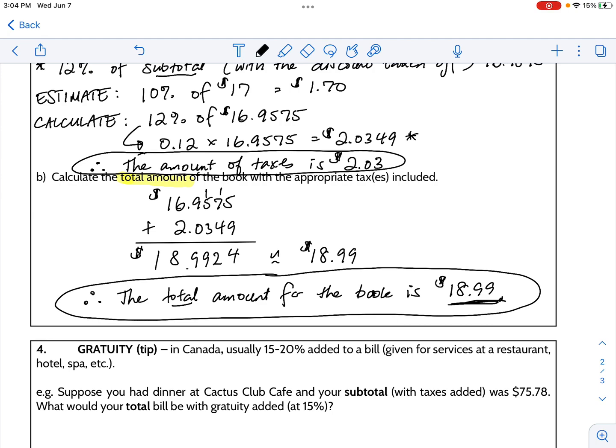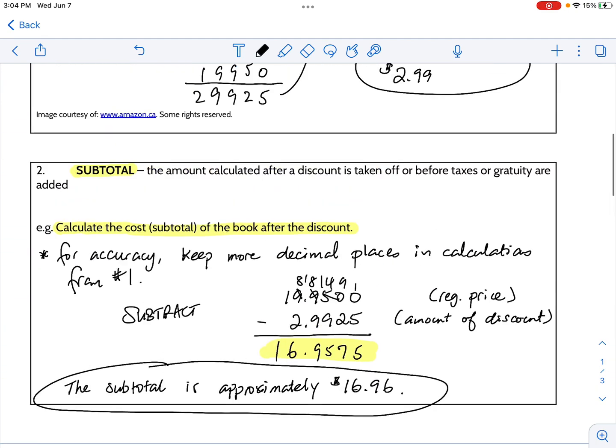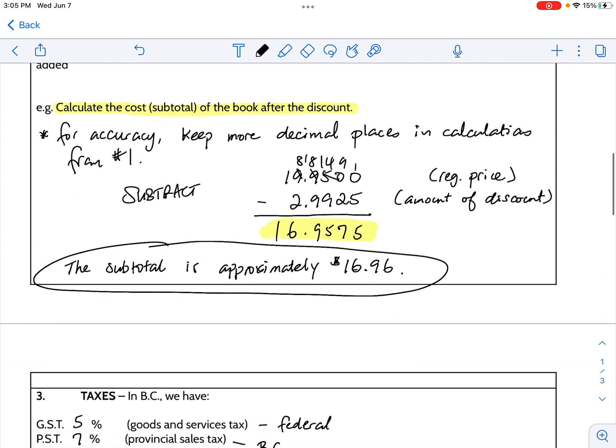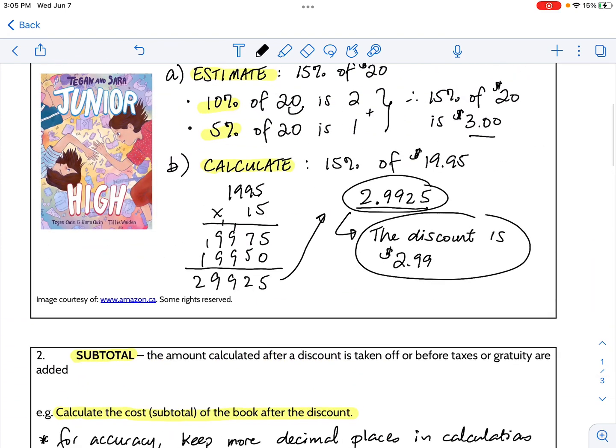So that's the process. Again, to repeat, if you have a discount, you take it off the regular price. So you're going to go with an estimate, and then you calculate 15% of that. And I forgot a step here.